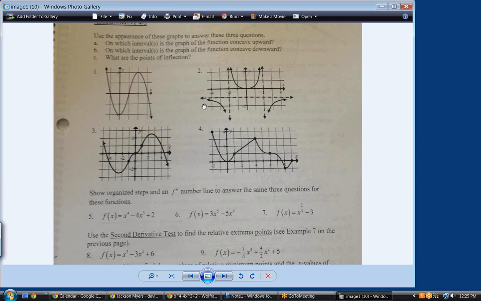Negative infinity to -2, and from 2 to infinity. Yeah, with parentheses around everything. It's concave up on what interval? From -2 to 2. Correct.